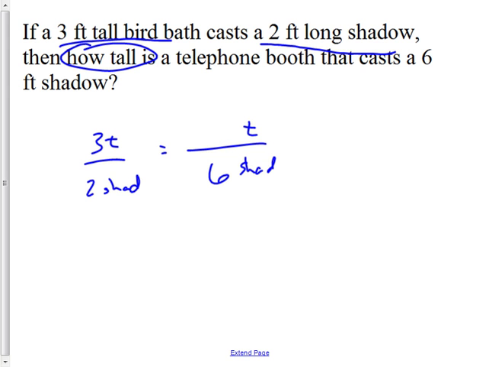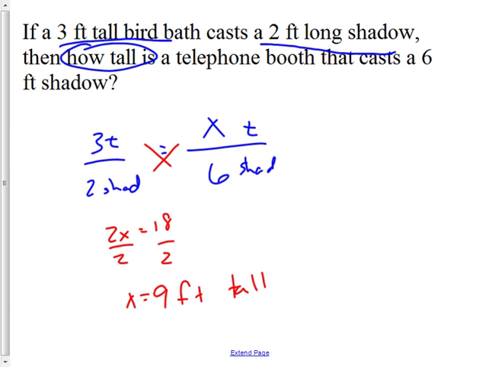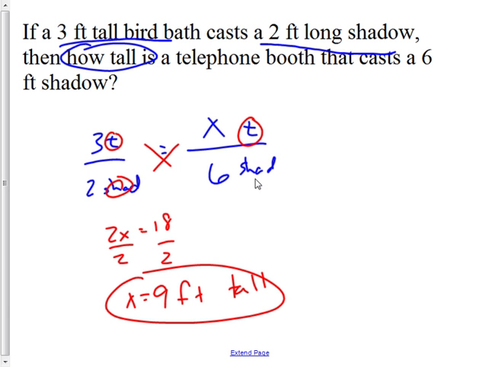So the 6 goes with the shadow. I'm looking for how tall is the telephone booth. So cross multiply, I get 2x is equal to 18. Divide both sides by 2. I get x is equal to 9 feet tall. Okay, so again, just writing these little labels down here just helps me stay organized as I'm working through the problem.